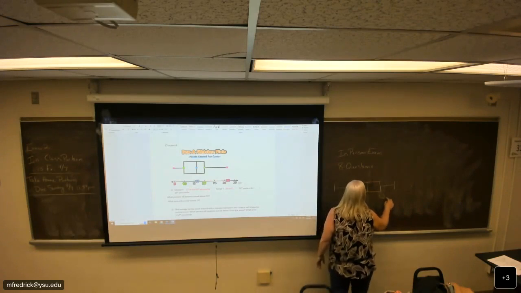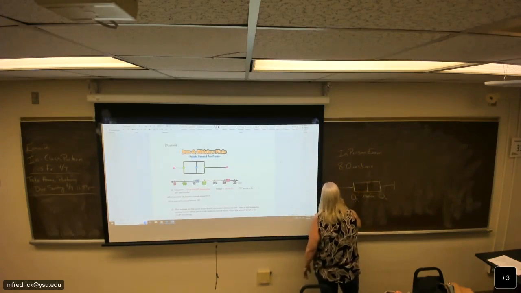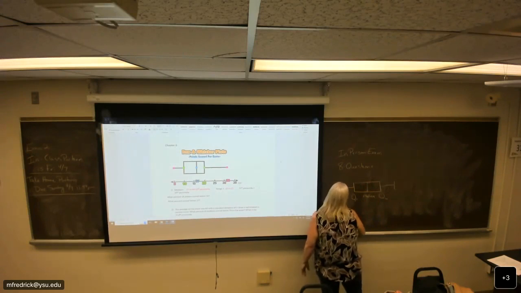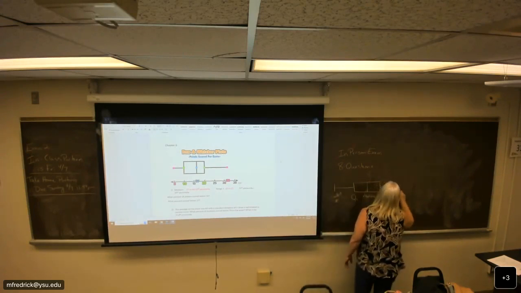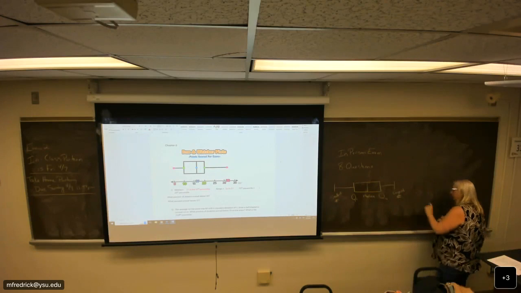This is the upper quartile. This is the median. Smallest number and largest. I think on the take home, there's a problem where you find the 5-number summary. That's the 5-number summary.